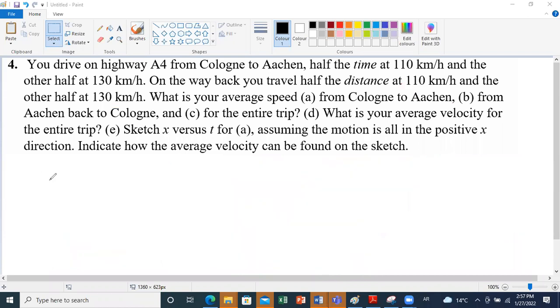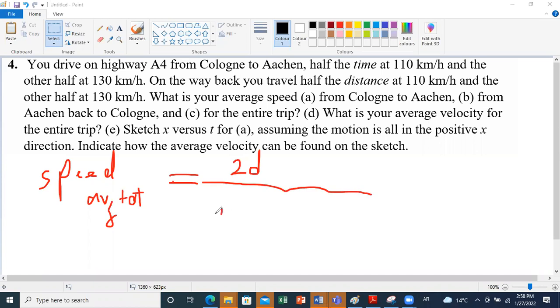So now we can say that the average speed for the whole path, total, is the total distance traveled, which is 2d, over the total time of the travel, which is d over 120 plus d over 2 times 110 plus d over 2 times 130.